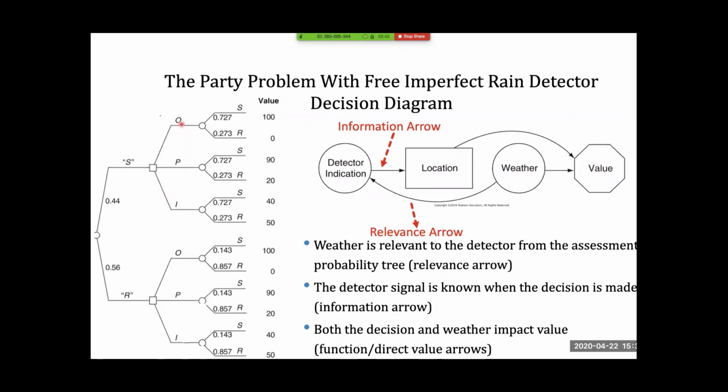Again, look at that. When it is outdoor and sunshine, the value is always 100, no matter what the message is, right? That is why we do not need to have an arrow from the detector's message to value. As long as it is outdoor, as long as it is sunny, the value of the party is 100.